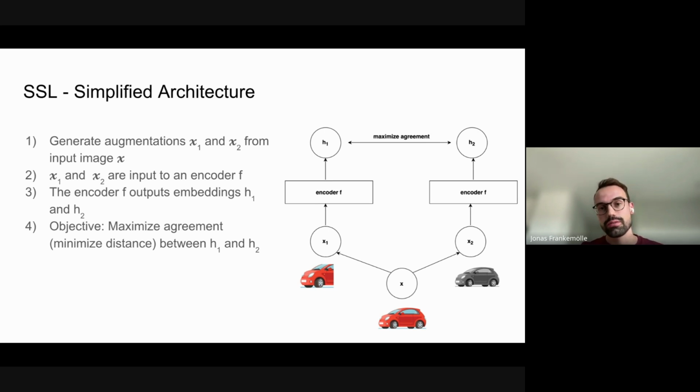Now our objective is to maximize the agreement between those embeddings, which is equivalent to minimizing the distance between them. And we, of course, repeat this step for all different images we have. And at the end, we get this trained encoder that we can then use for downstream tasks.